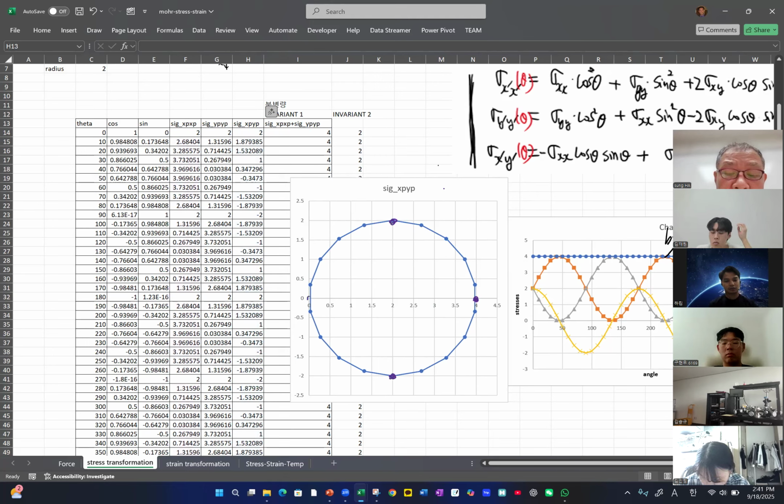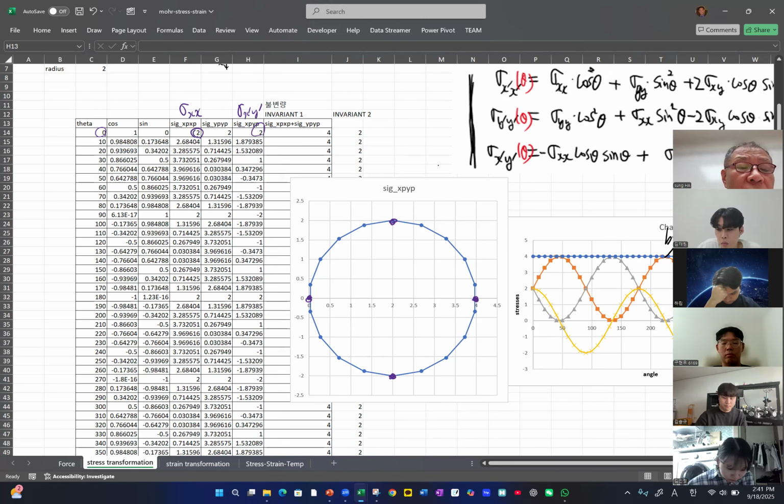Let's say we pick this one and that. If theta equals zero, sigma x prime and y prime, and this is the sigma xx, and this is 2 and 2.